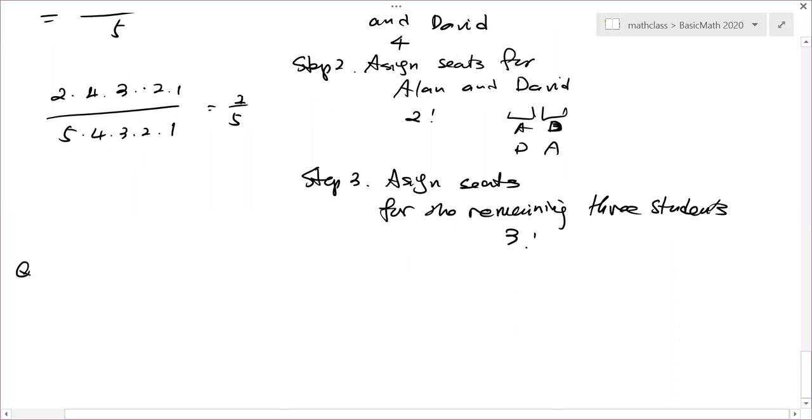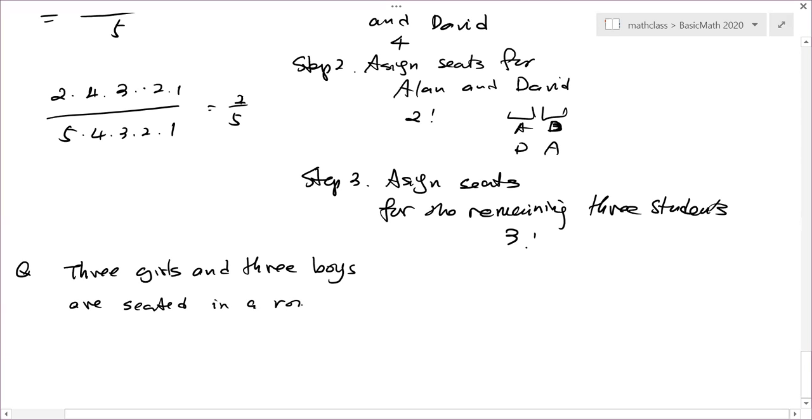Right, and a little bit more challenging problem. I have 3 girls and 3 boys. They are seated in a row.